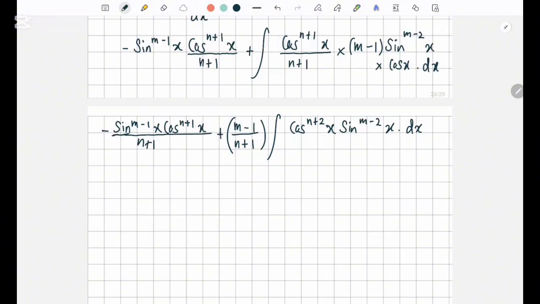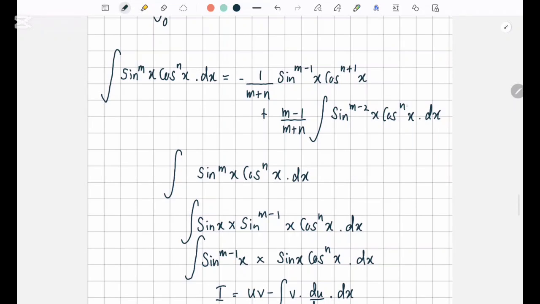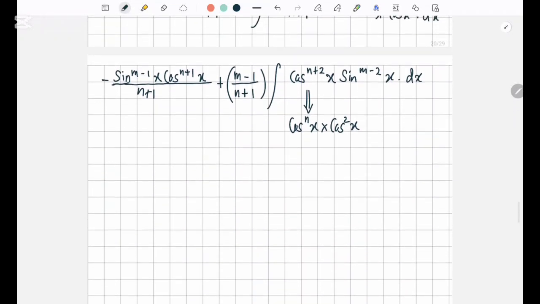Now we'll have to break this down into cos x to the power n into cos x to the power 2, right? We are breaking it down because you can see in the reduction formula we only have cos x to the power n, so we need to find a way to get rid of cos squared x.